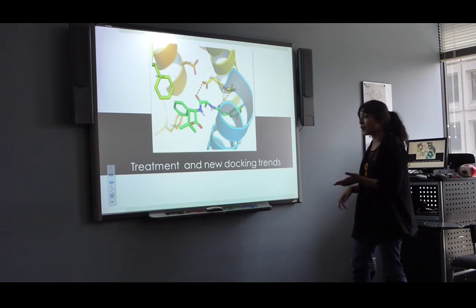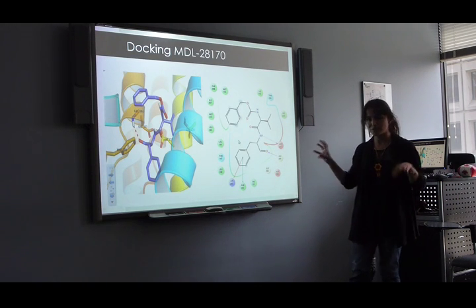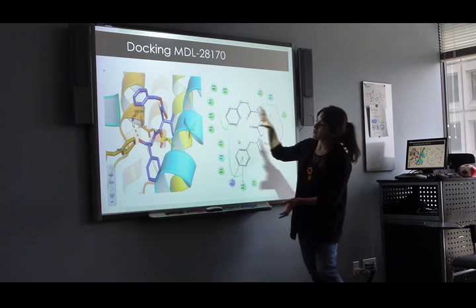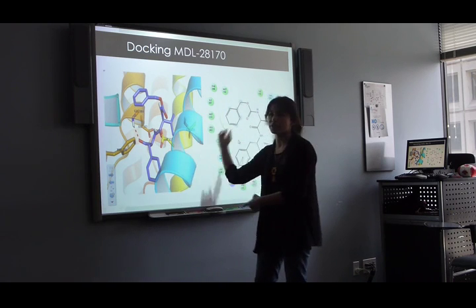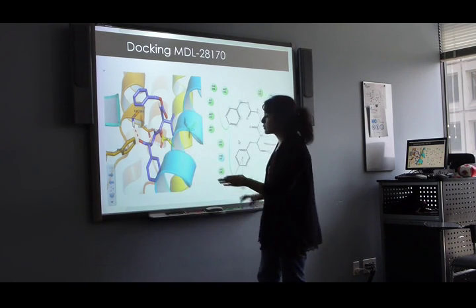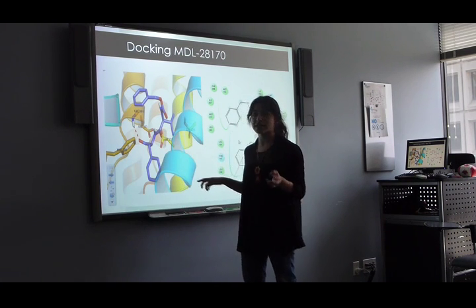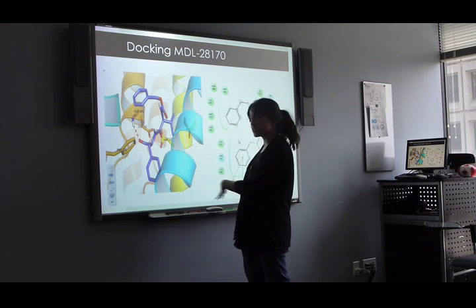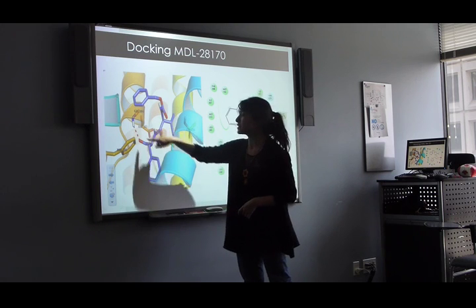The first one is docking, which we usually do with a certain system where we put the receptor. The curly things are proteins. This is the molecule, and as we can see here, it shows the interaction. The catalytic amino acids that I just mentioned before, you can see here that it's interacting.